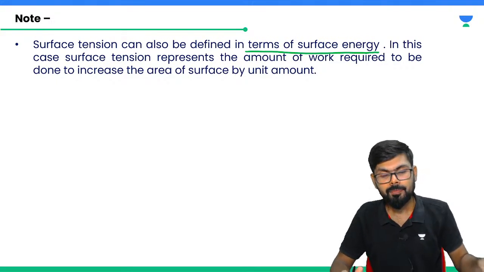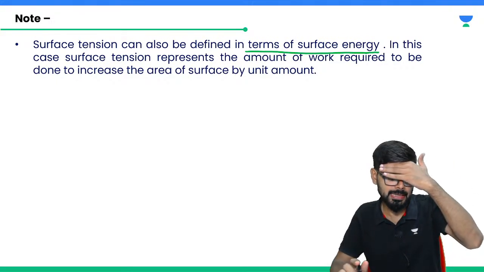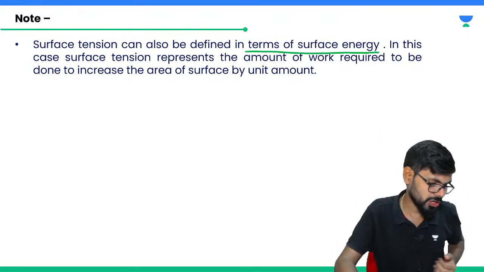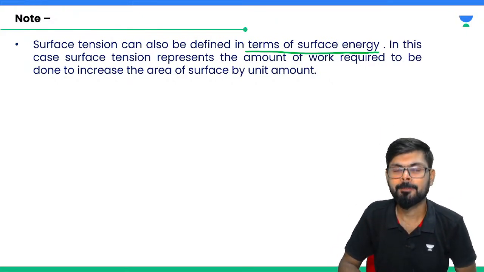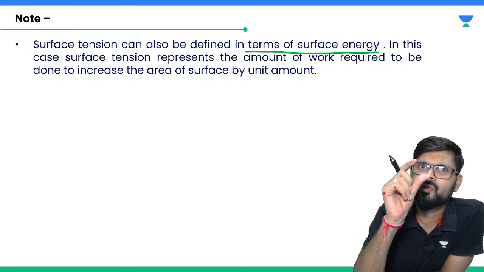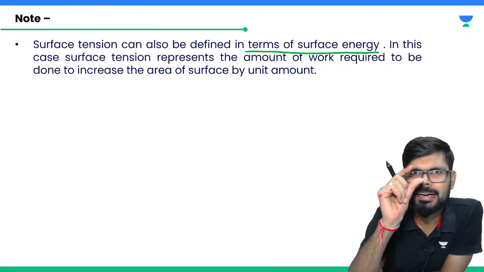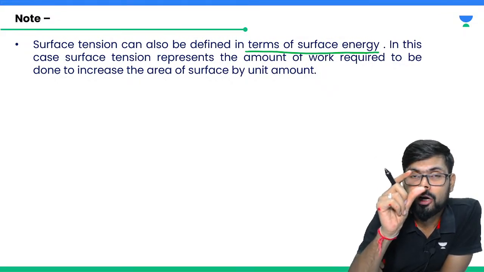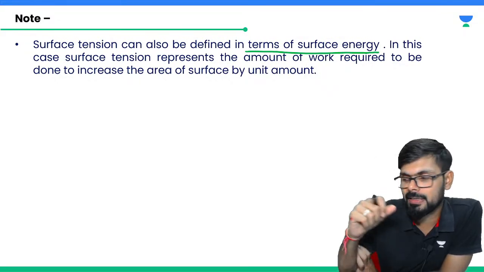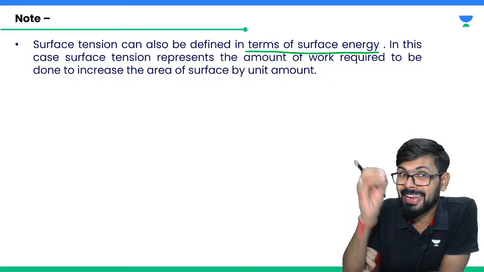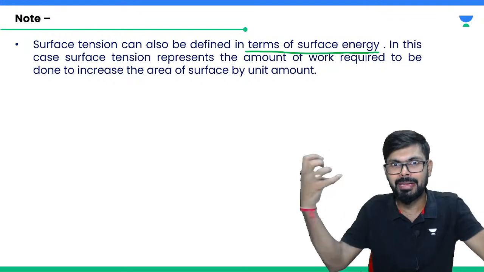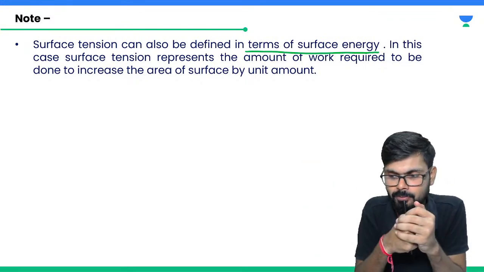Now you need to understand how surface tension is defined in terms of surface energy. Please listen here. Just assume that one big water droplet is there. Now I'm breaking it into a number of pieces.